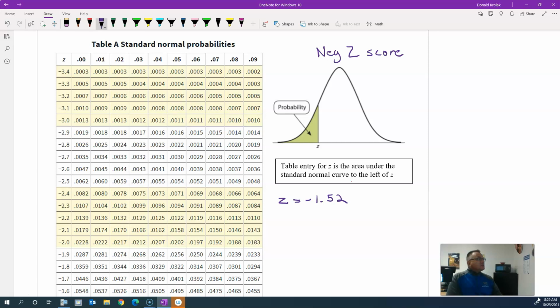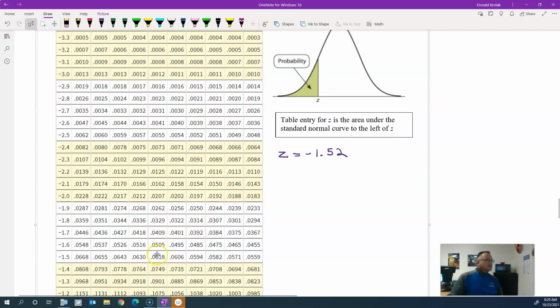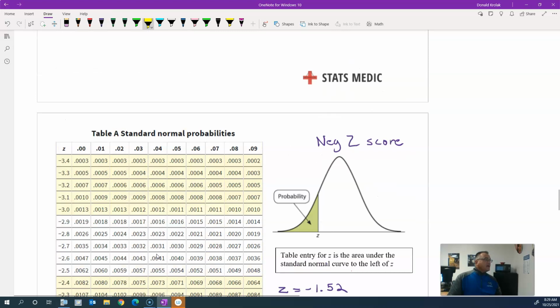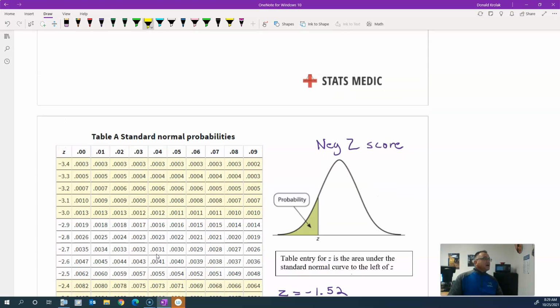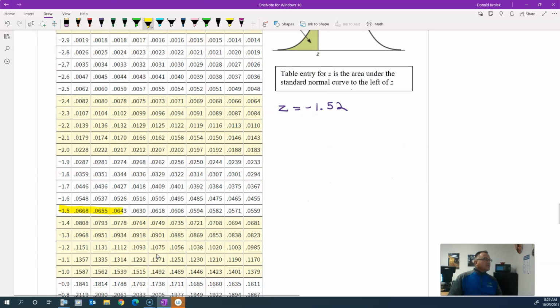On the left-hand side, you're going to go down to negative 1.5, and then go over to the 0.02 column. Negative 1.5 is right here, and the 0.02 column is the third one over.